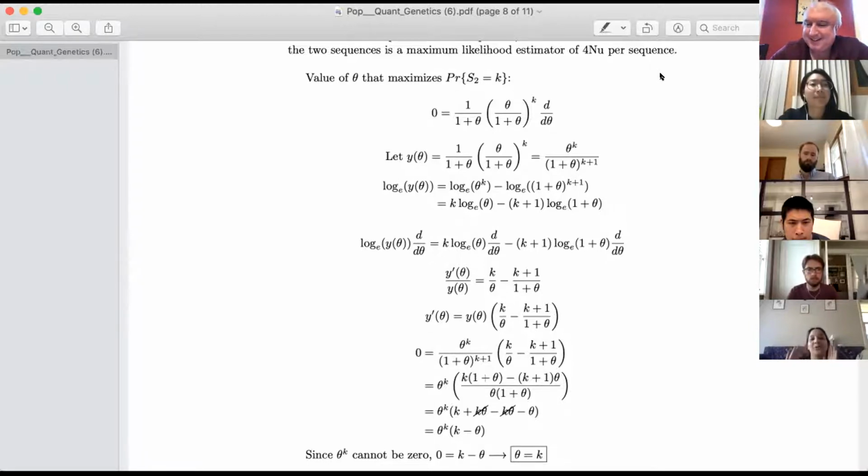I'm a little formal, sorry. No, that's very good. Doing it formally has never hurt anyone ever. But the reason it is often easier to do things in log space is because the derivative of a log is just 1 over that little mess there, which is sometimes a little bit easier to handle.